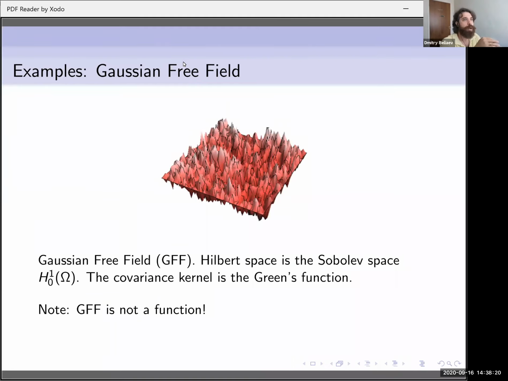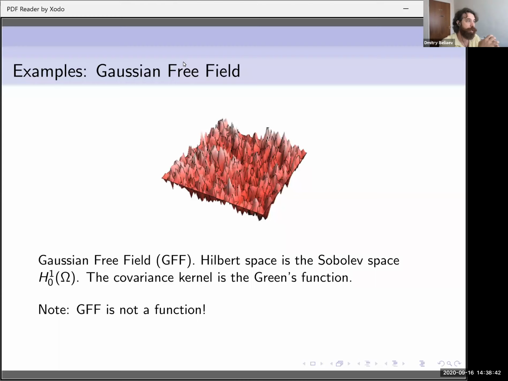Probably one of the best studied Gaussian fields is the Gaussian free field. In this case, the corresponding Hilbert space is the Sobolev space H1, and the covariance kernel is the Green function.